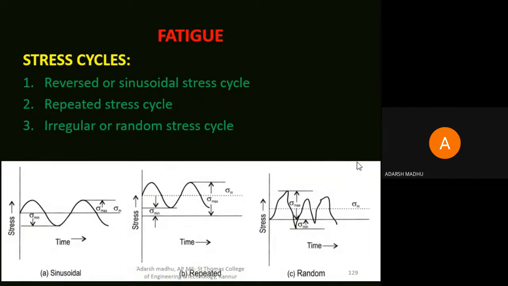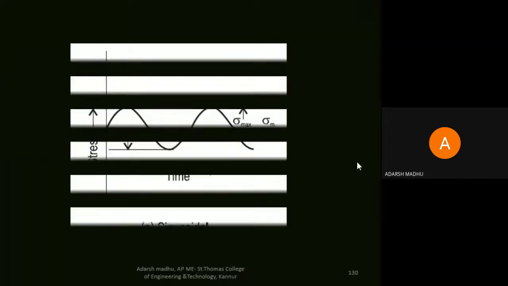We are dividing it into three types of stress cycles happening on a metal. First one is the reversed or sinusoidal stress cycle, second is the repeated stress cycle, and third is the irregular or random stress cycle. I'll explain this one by one.